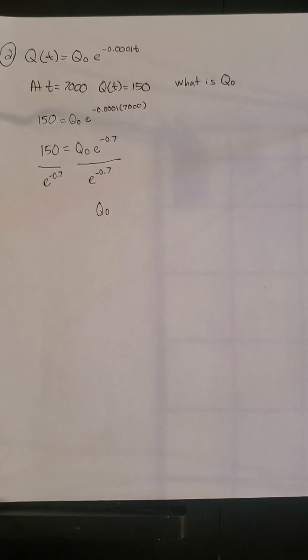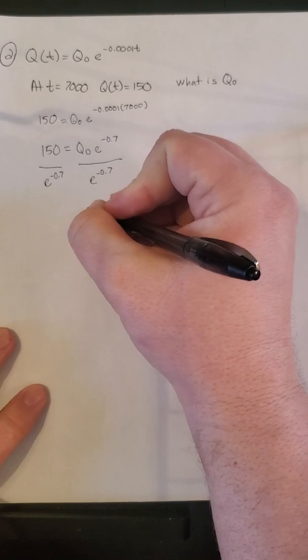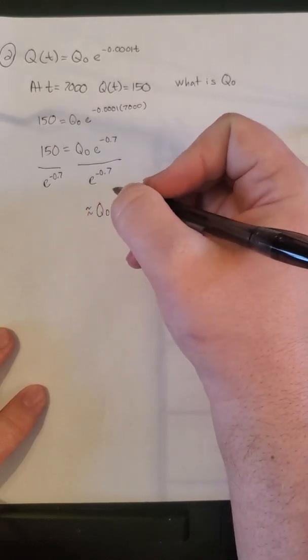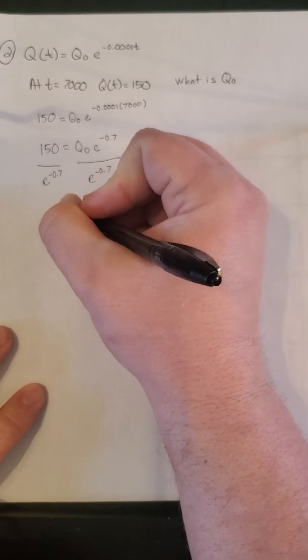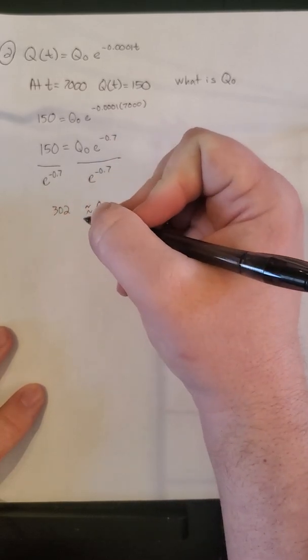So we take 150 divided by e to the negative 0.7 power, and that gives us Q sub 0 to be approximately 302.